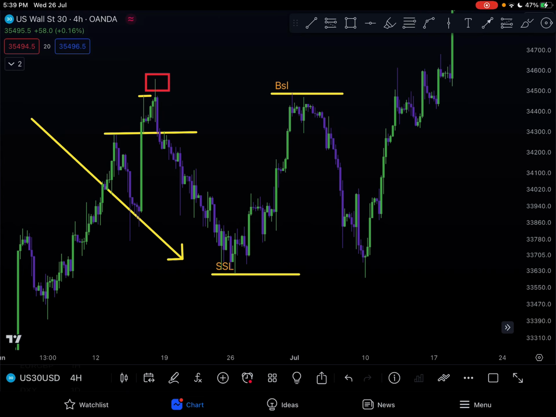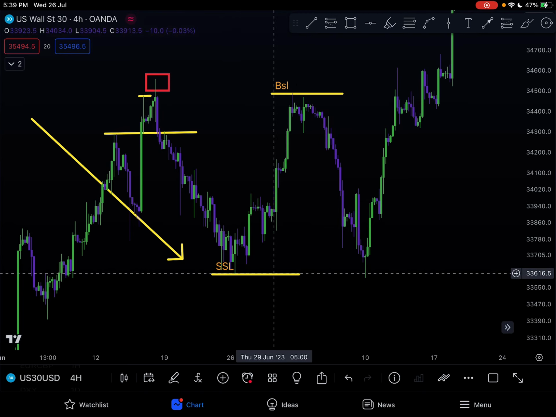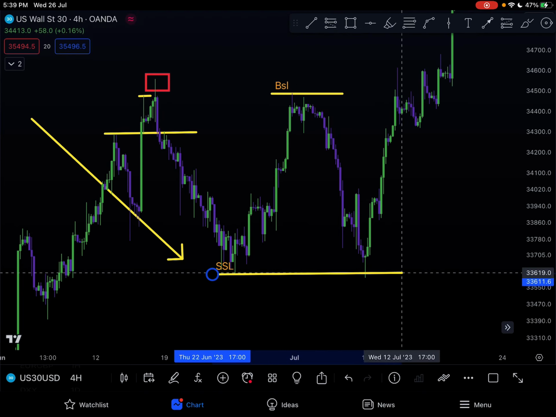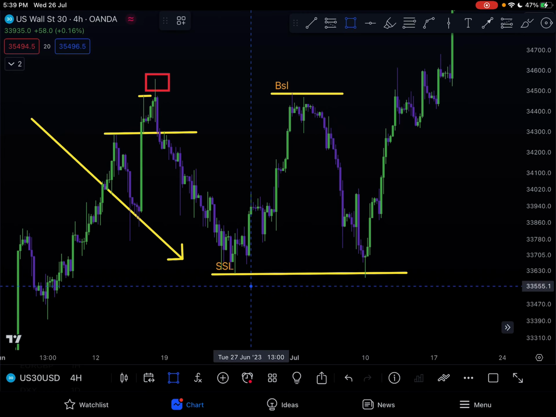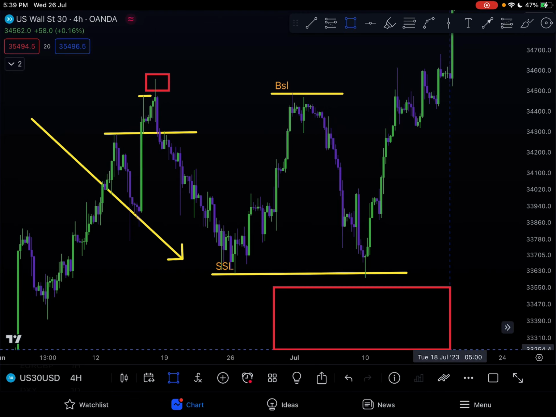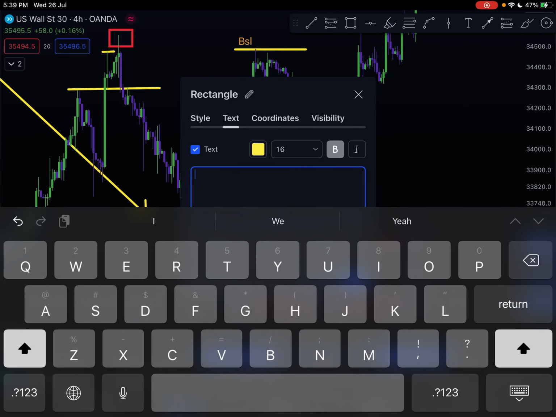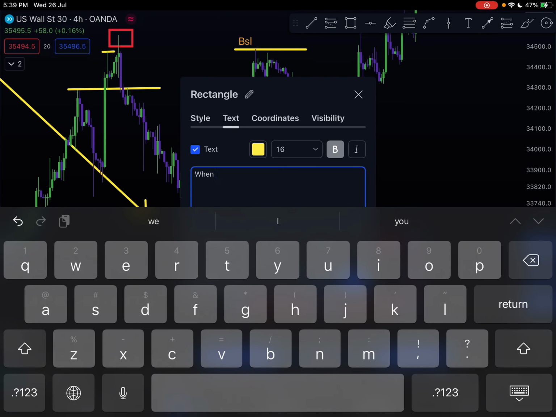Okay. When SSL is taken out on a major level, I'm going to literally write this on screen. Price is now bullish. So when SSL is taken, price is bullish.